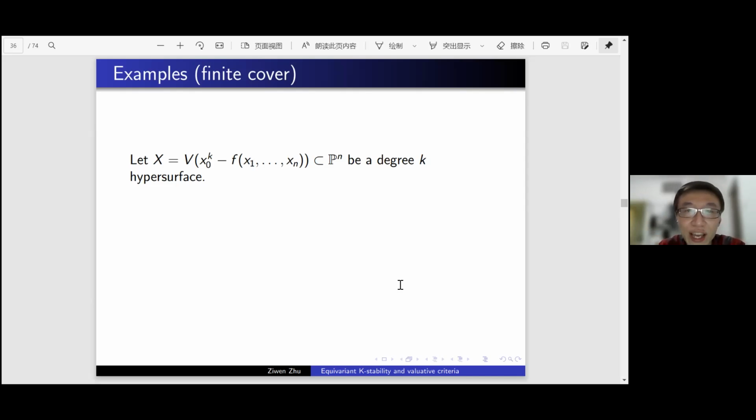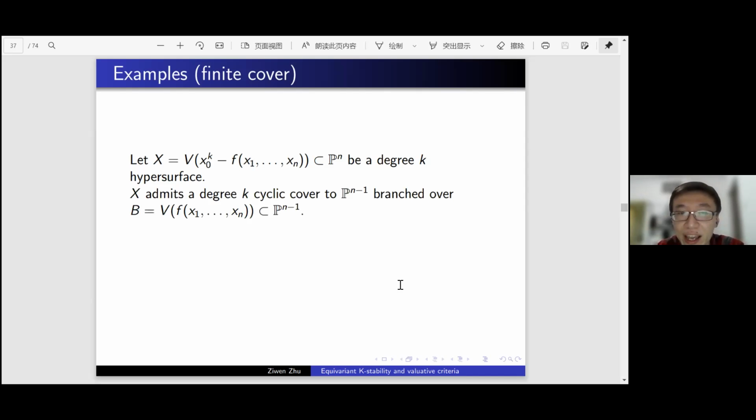If we look at this hypersurface in P^n defined by the equation x_0^k - f, where f is a polynomial of degree k in the variables x_1 to x_n, then this hypersurface has a degree k cyclic cover to P^n, and this degree k cyclic cover is branched over a hypersurface in P^(n-1) defined by the equation f.